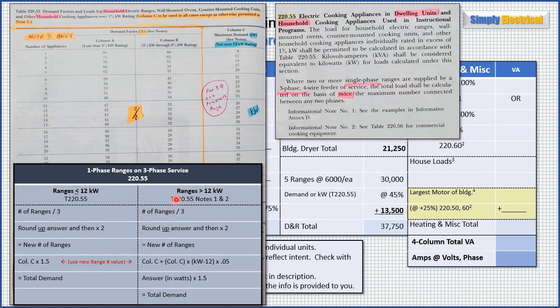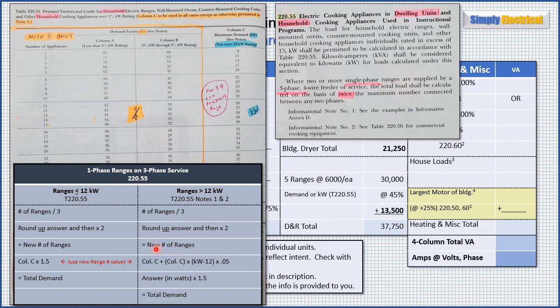Now this side, this is ranges greater than 12 kW, and this is referencing notes 1 and 2 from Table 220.55. You take your number of ranges, divide by 3, round up your answer, and then multiply by 2. That gives you your new number of ranges. So same exact steps. But now it changes, because now you got to use that other formula.